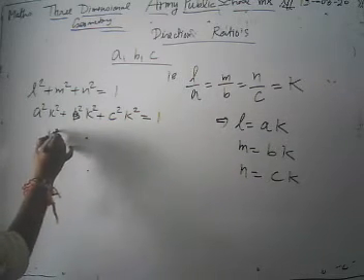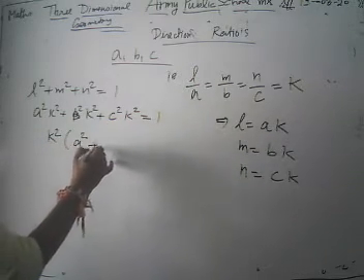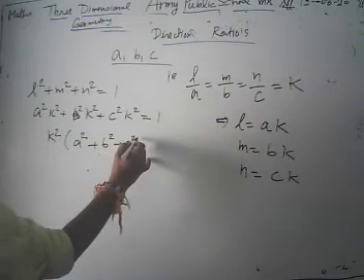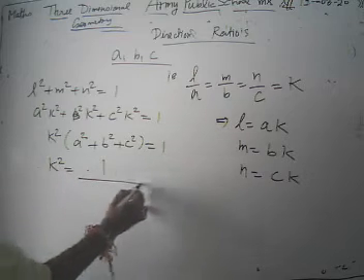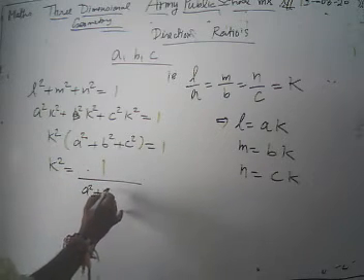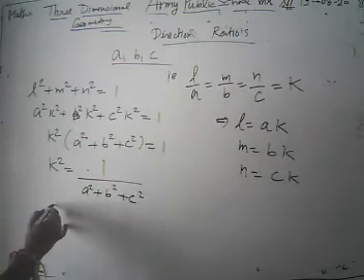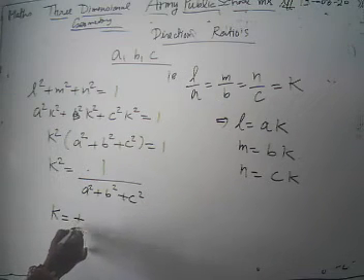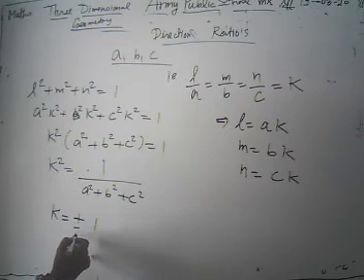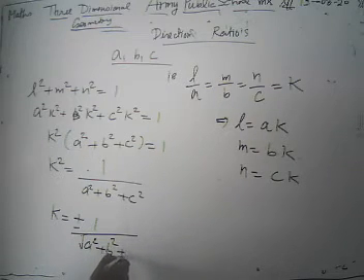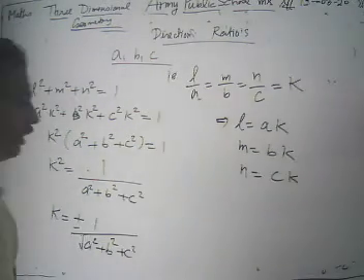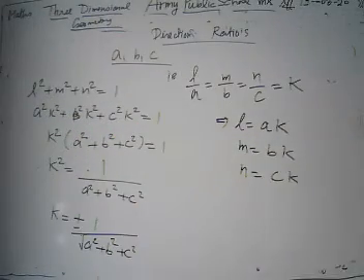Take out k square common. Then we have k square times a square plus b square plus c square is equal to 1. So k square equals 1 upon a square plus b square plus c square. Then the value of k is given by plus minus 1 upon under root a square plus b square plus c square. Now we have found the value of our k here.